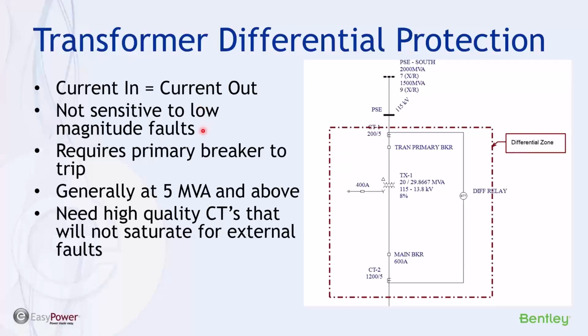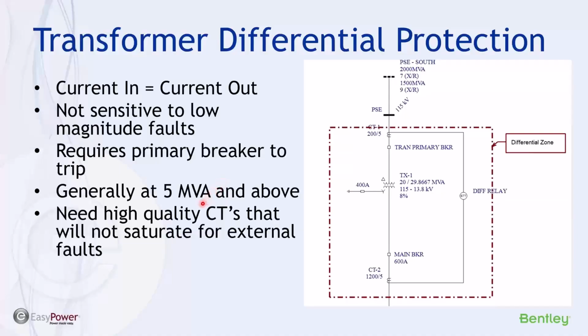As I just mentioned, this won't be sensitive to very low magnitude faults, but compared to alternatives, which are primarily primary fusing, it is required that we have a breaker for the relay to trip upstream. And so the combination of the breaker and the relay can be fairly significant, but at the higher capacity transformers, it can be a modest investment compared to the cost of losing the transformer itself.